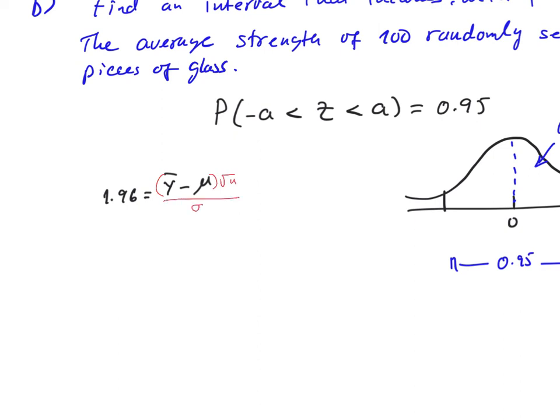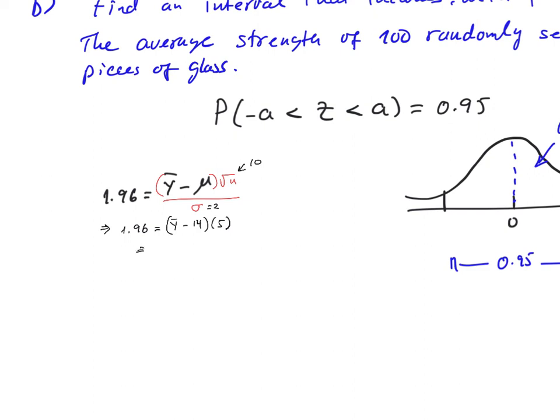So in our case, that means that 1.96 has to be equal to y bar minus 14 times the square root of 100, which is 10. So this is 10 divided by 2, which will give you 5, because remember, sigma is equal to 2.